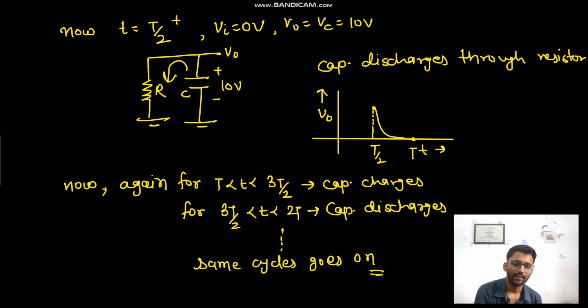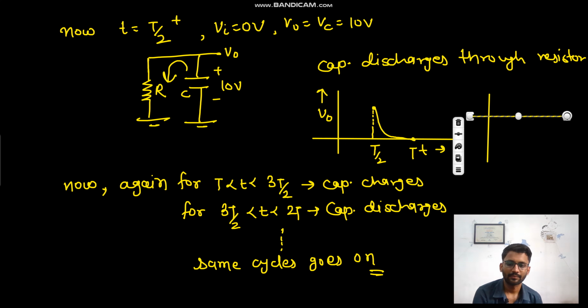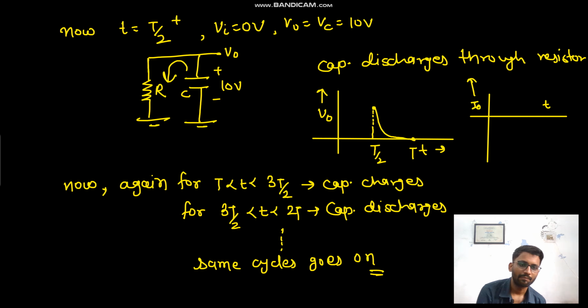And in this one, if you talk about I naught, this is I naught, but the current is in the opposite direction. So it is minus 10 by R, right?